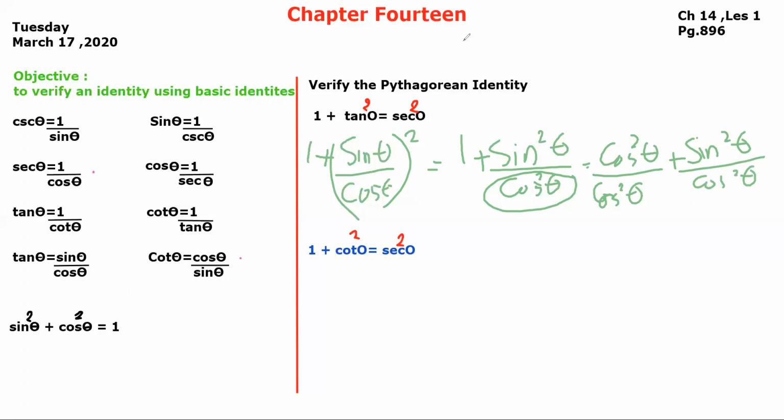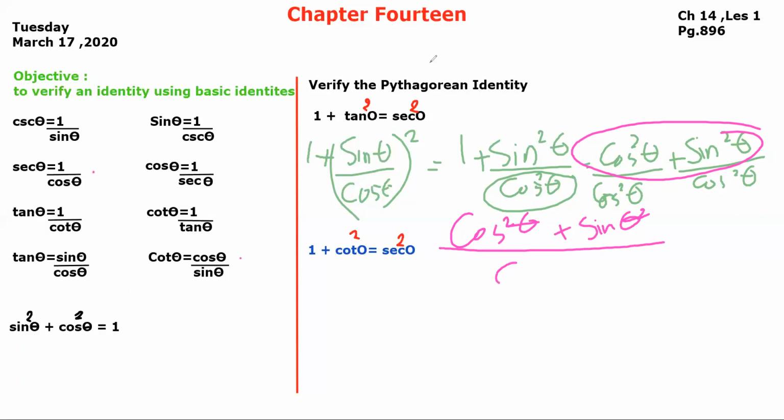So cosine squared plus sine squared over cosine squared. Now, sine squared plus cosine squared equal 1, so we have 1 over cosine squared of theta.